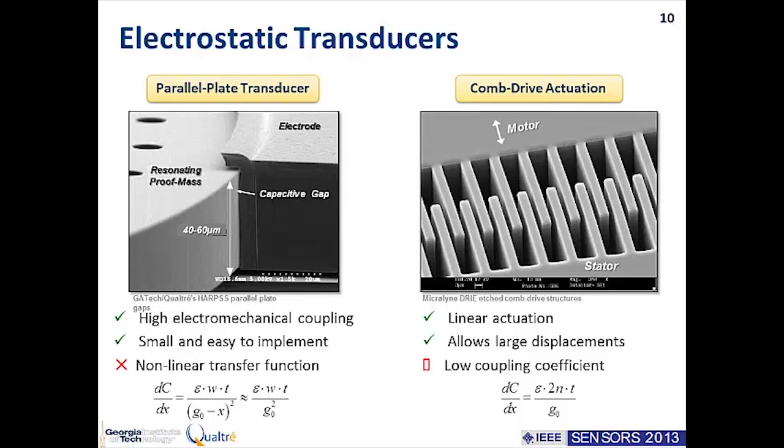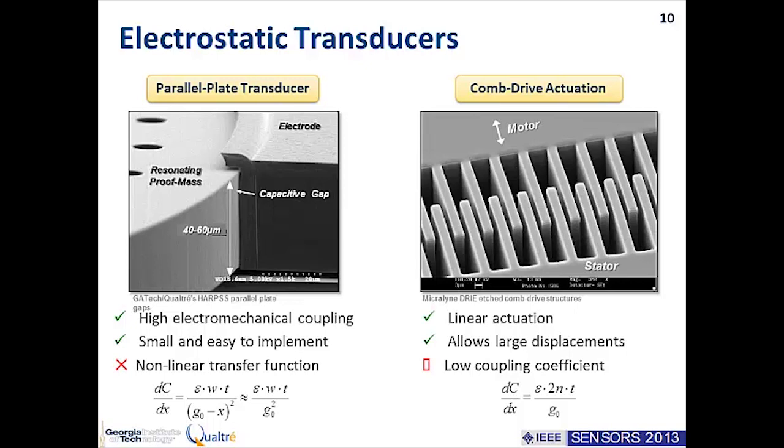And what this enables is to have a much more linear transfer function, so we don't see this dependency on x anymore, but that comes at the expense of much lower electromechanical transduction, so you don't get that squared function anymore.